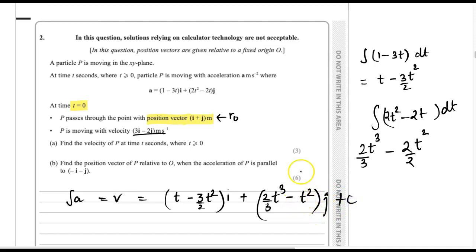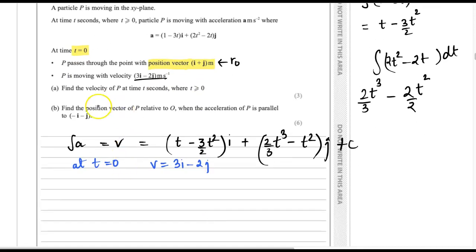Okay, we need to find out the value of c. So can we say that at t equals 0, v is 3i minus 2j. So we are going to be substituting these two values. So it would be 3i minus 2j, which is equal to this value.